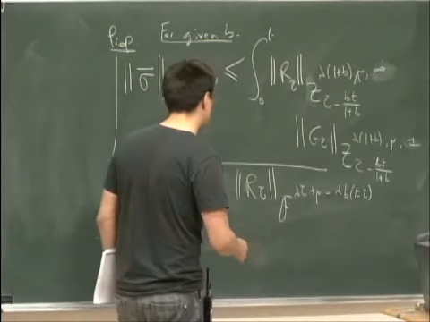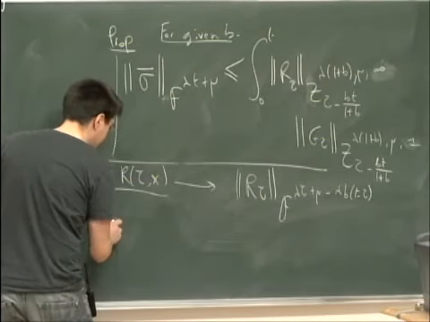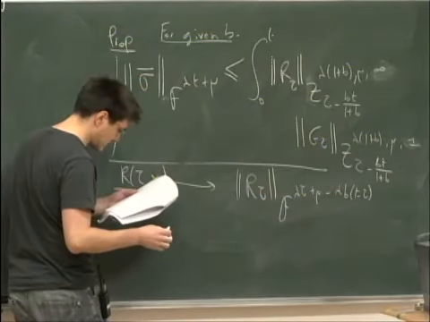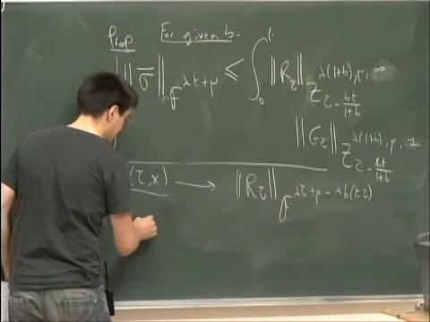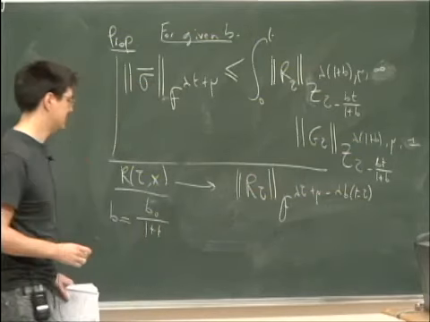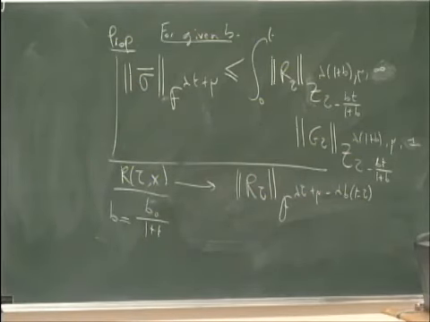Now the point is, if we make the choice b to be b0 over 1 plus t, we can fix b as whatever we want.